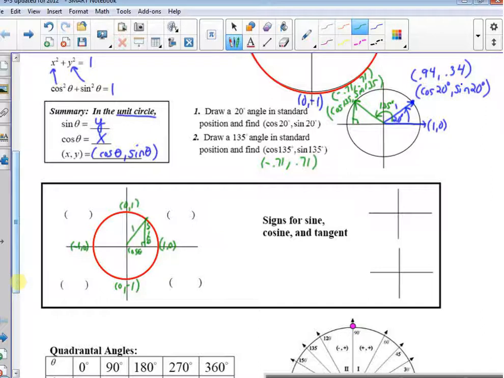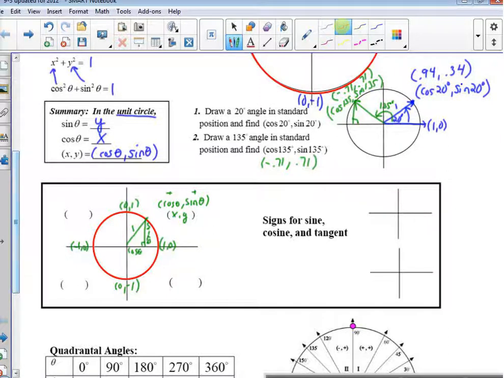And this was 1. So the coordinate was x, y, but it was also really cosine theta, sine theta. So notice that cosine is positive and sine is positive in quadrant 1.